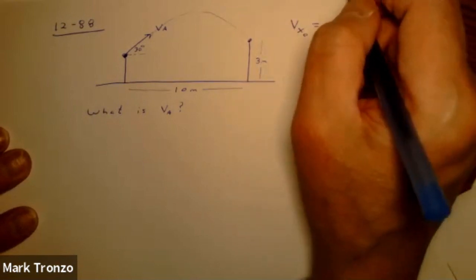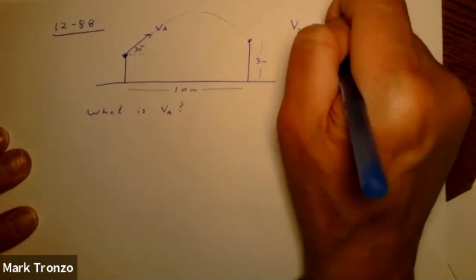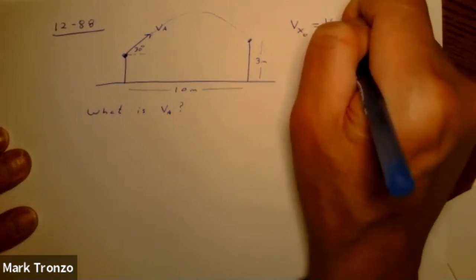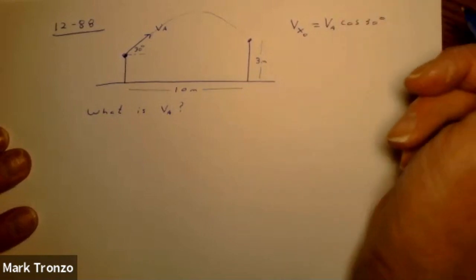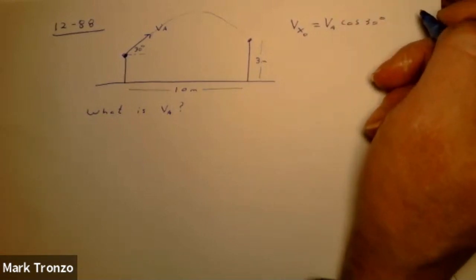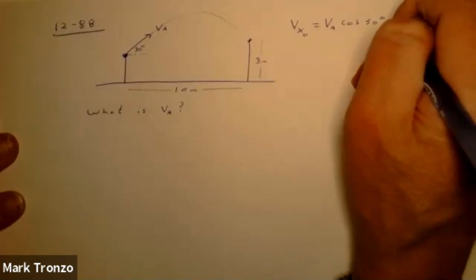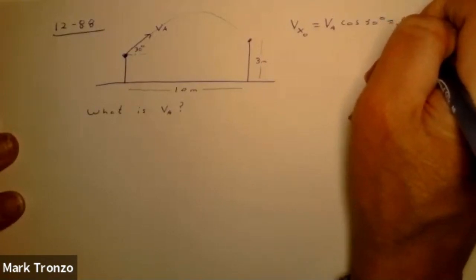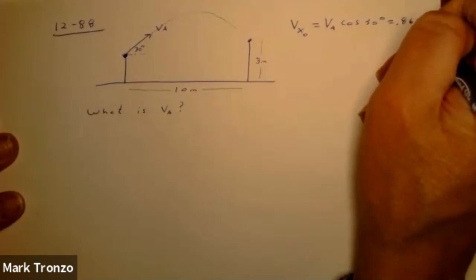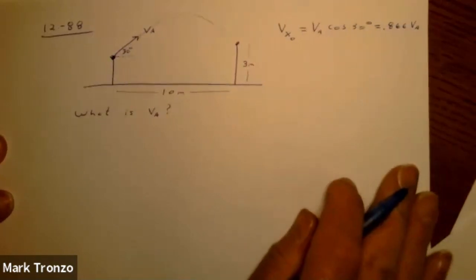That's going to be your initial velocity times cosine of 30 degrees, which is 0.866 times VA.